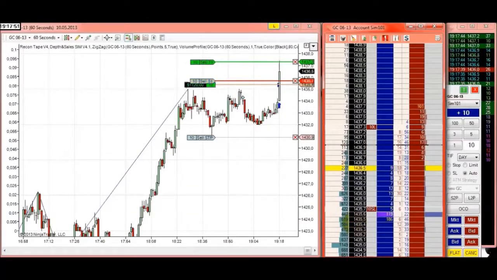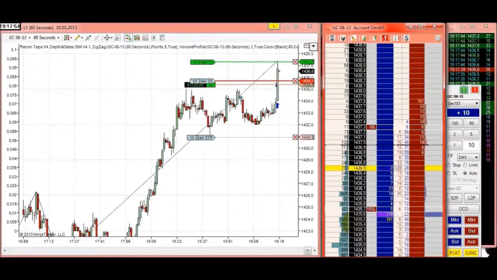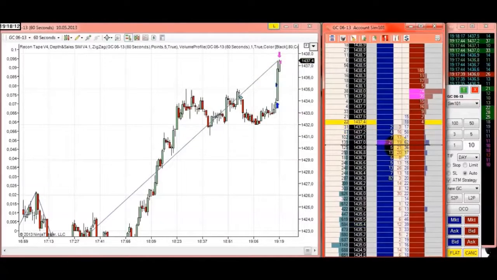Protecting some profits will be a good idea, or perhaps even go flat. 50. No, now we have a lot of stacking on the ask, so there is a high chance to get a fill. So we got filled on a half. Okay, a perfect trade.